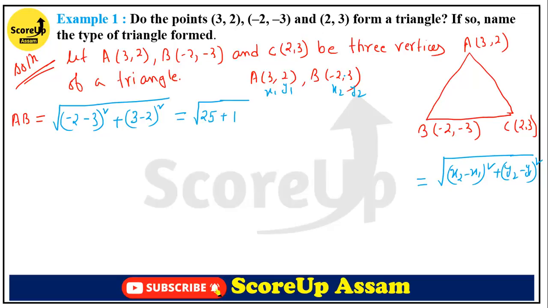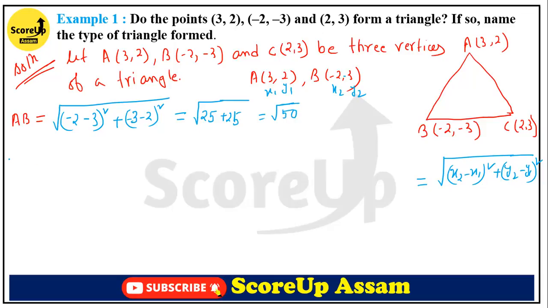Actually it should be minus 3, because the coordinate of B is minus 3. Minus 3 minus 2 is ultimately minus 5, so here it will also be 25. So it will be root over 50. How to find the value of root 50, I shall explain later.